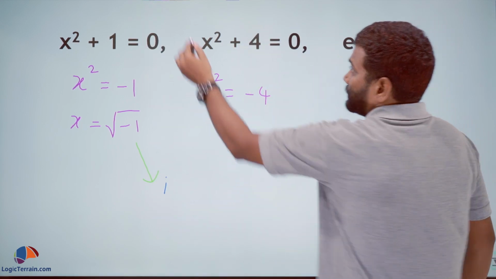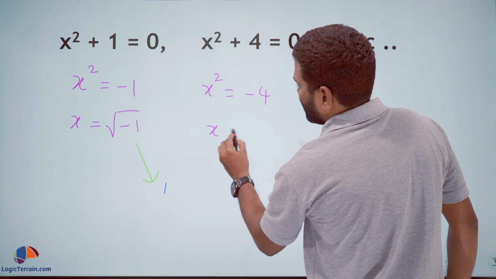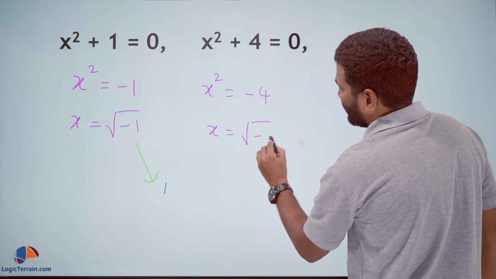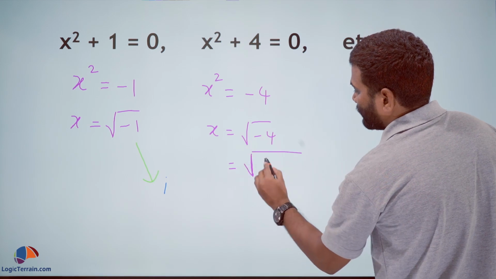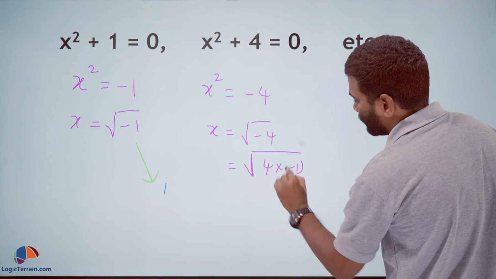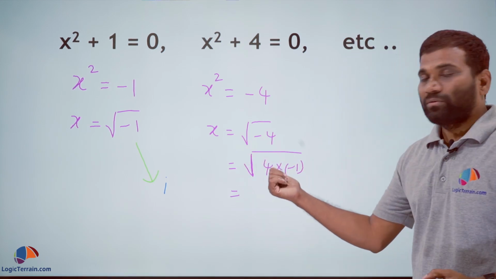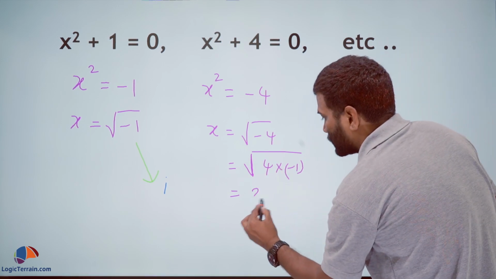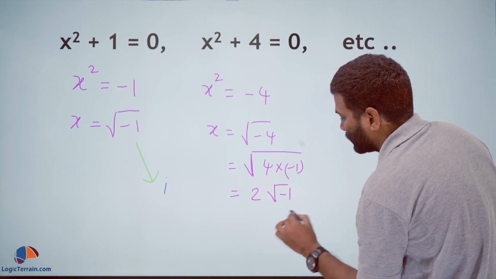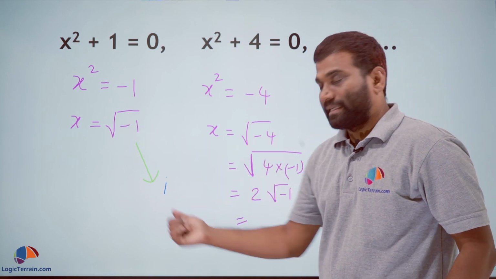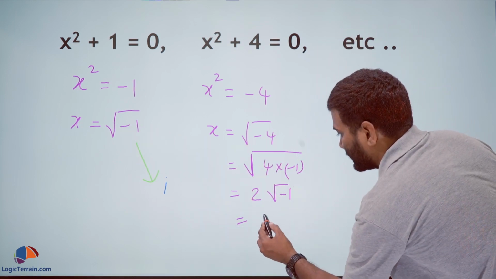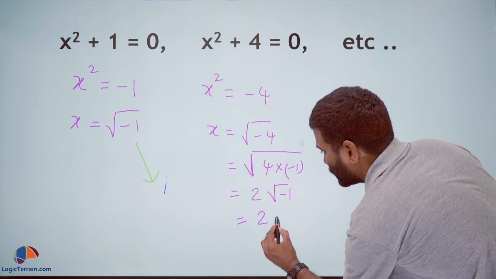For the other equation, x is equal to square root of negative 4, which is equal to square root of 4 into negative 1, and we know square root of 4 is 2, so this is 2 square root of negative 1. Here we have taken square root of negative 1 as i, so this can be rewritten as 2i.